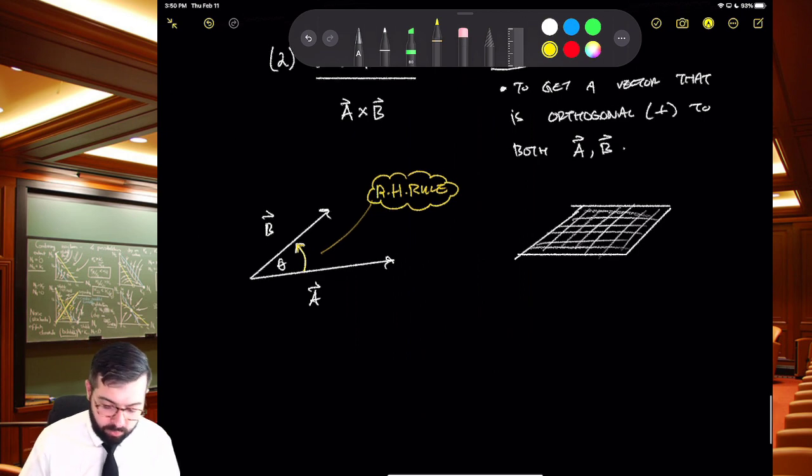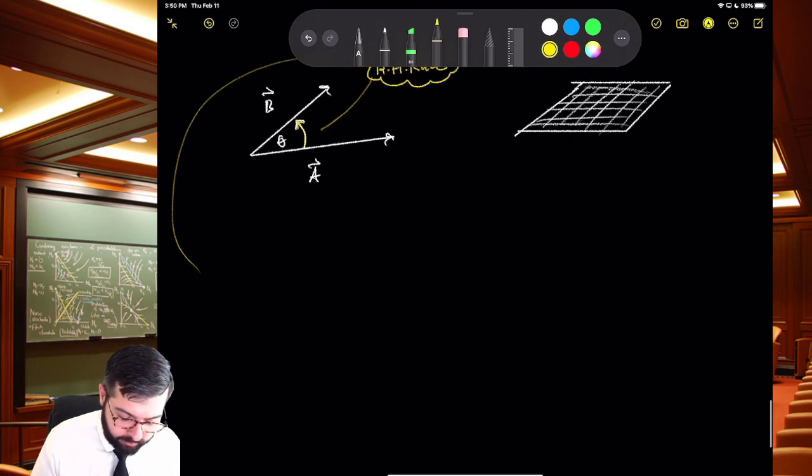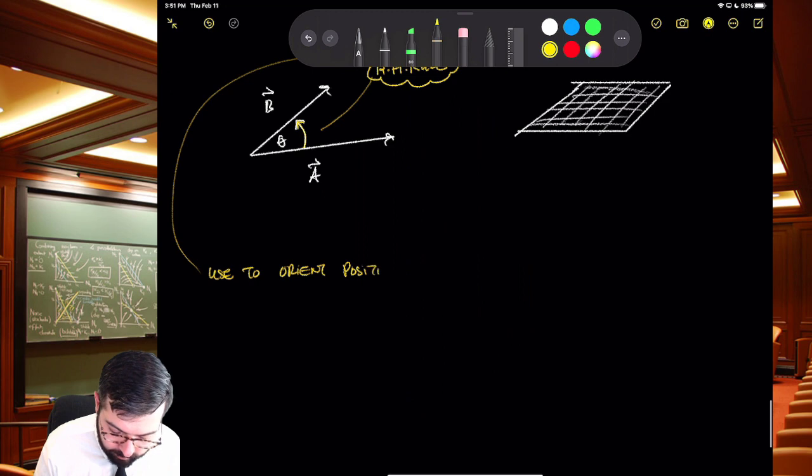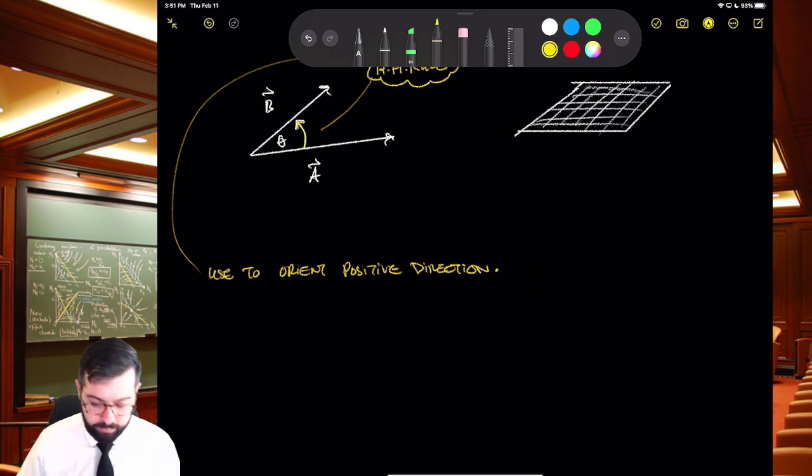So the right-hand rule is what we use to orient ourselves. If the first group of people that came up with this were left-handed, we'd probably have the left-handed rule. So it is arbitrary, if that's your next question. But it's one that we stick to.